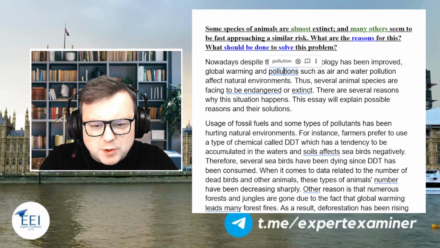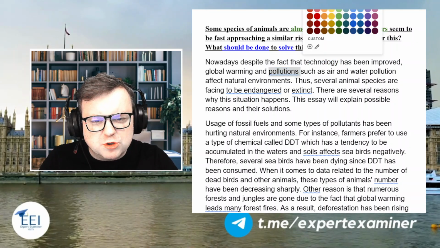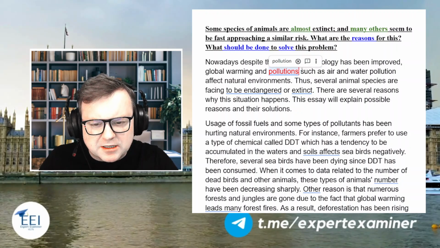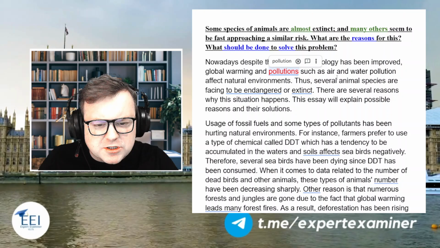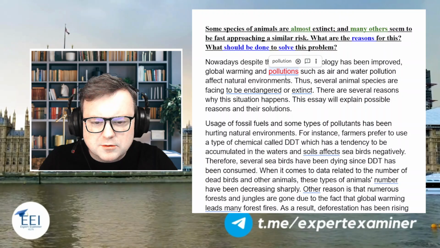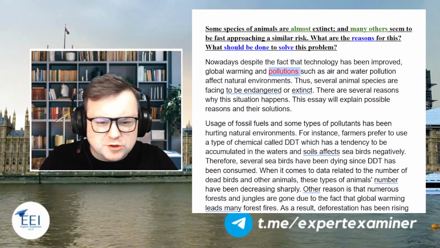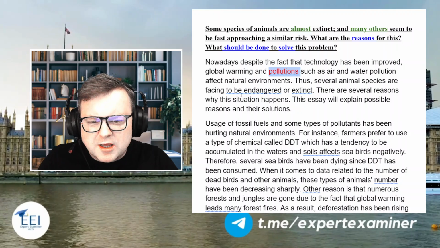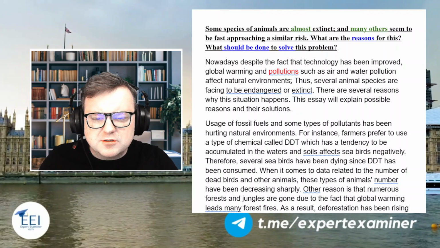Global warming and pollution. So pollution is usually uncountable and singular, and types of pollution such as air and water pollution affect natural environments.